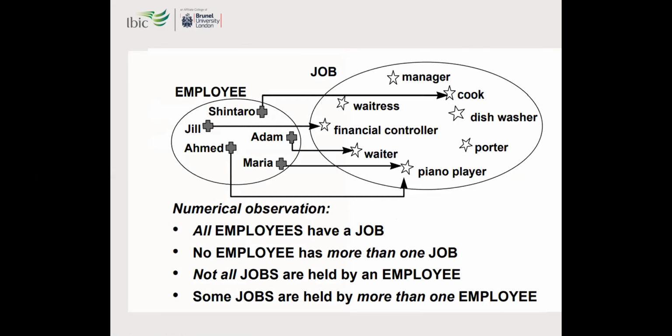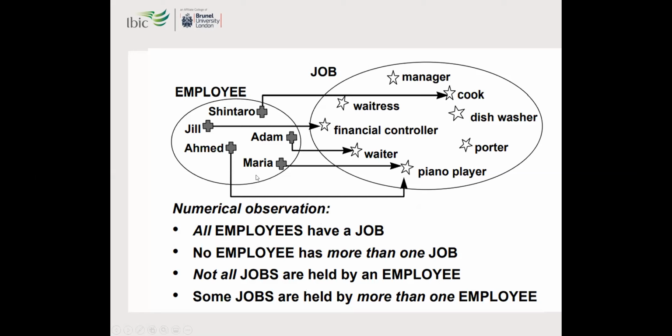So here I want to talk about the more interesting part, which is cardinality. When we use cardinality, we are actually going to represent some rules, some information about the entity. In here, all employees have a job.